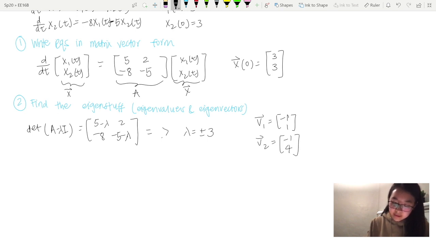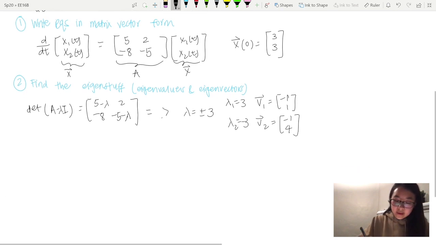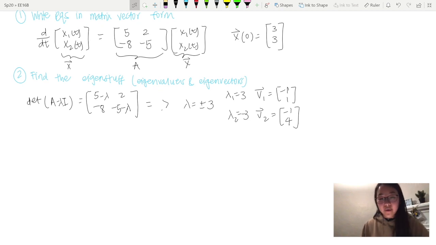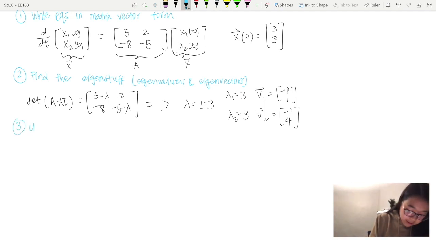This specifically corresponds to -3, and this corresponds to the eigenvalue of 3. So now we have our appropriate eigenvectors, and now you want to do the actual change of coordinates into the eigenbasis, which is going to be step 3.